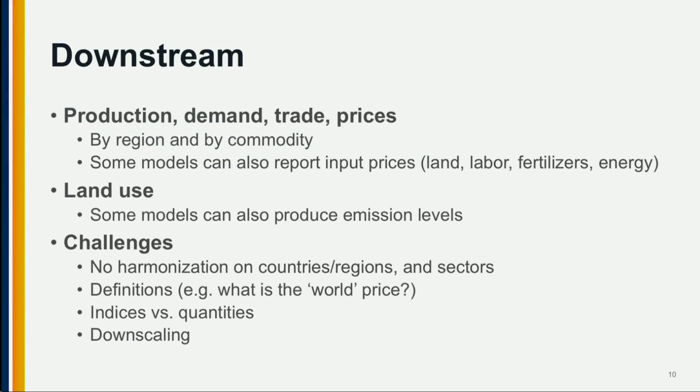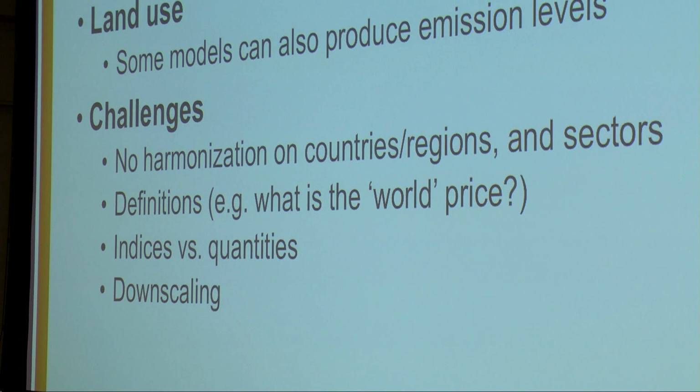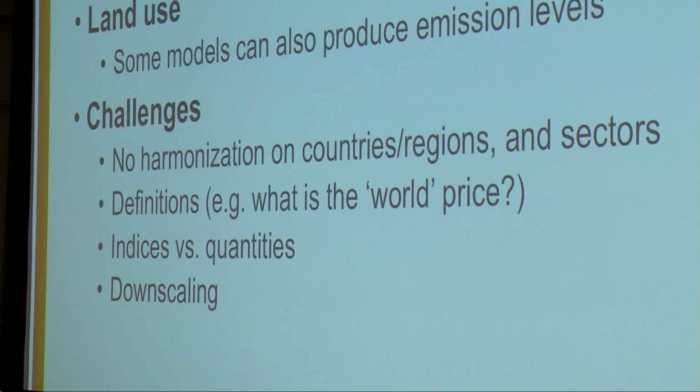Let me just focus a little bit on the challenges, because these were challenges for us as well. One is that none of our models really harmonize on spatial aggregation. IMPACT and some of the other models are at the country level, but many of the GE models are at the regional level. So Sherman might say something smart about Senegal. We might say something smart about sub-Saharan Africa as a whole subcontinent, or some of us may say something about Western Africa, but very few of us are actually dealing with Senegal specifically.